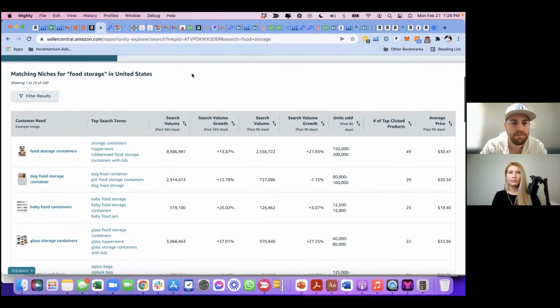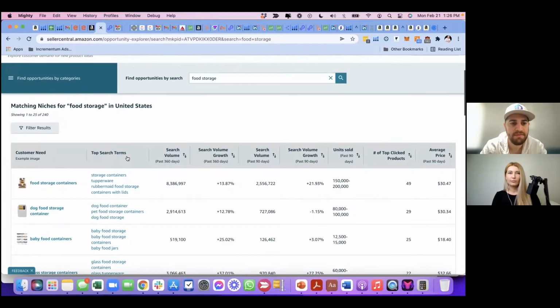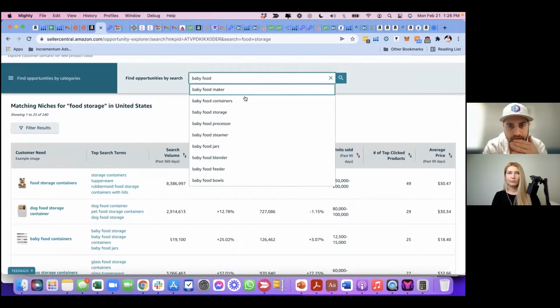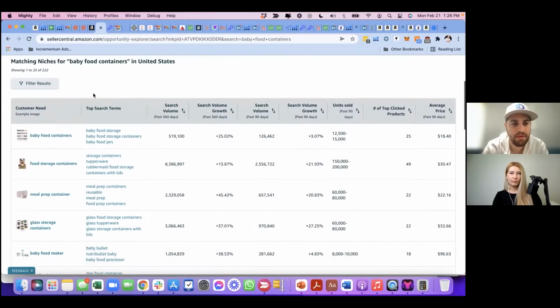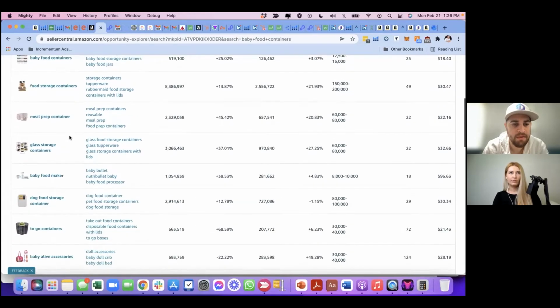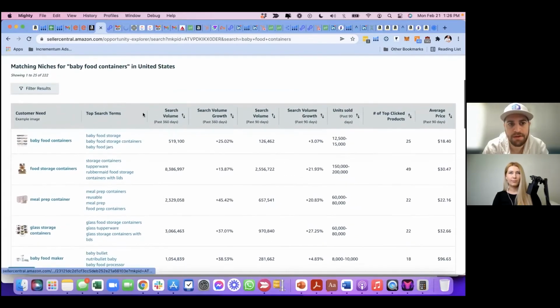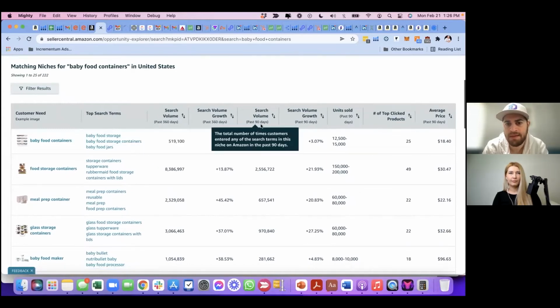I mean, if I was going into this category of baby food containers, let's say, I would try to understand what the sub niches are within that category. So for example, one of the things you could do is you have here the search volume in the last 90 days, right?